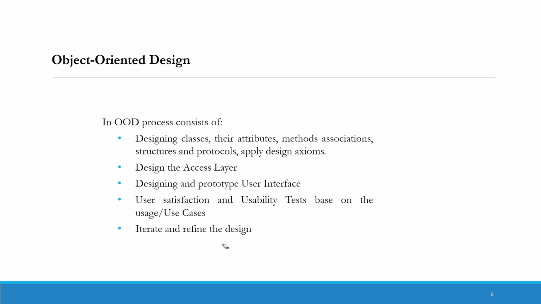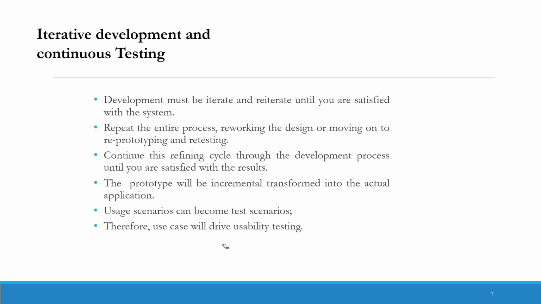Iterative development is incremental, and at the same time there is iterative or continuous testing. Iteration means looping until we reach the customer satisfaction level. When the customer is satisfied, the development will be stopped immediately. So development must iterate and reiterate until you are satisfied with the system.